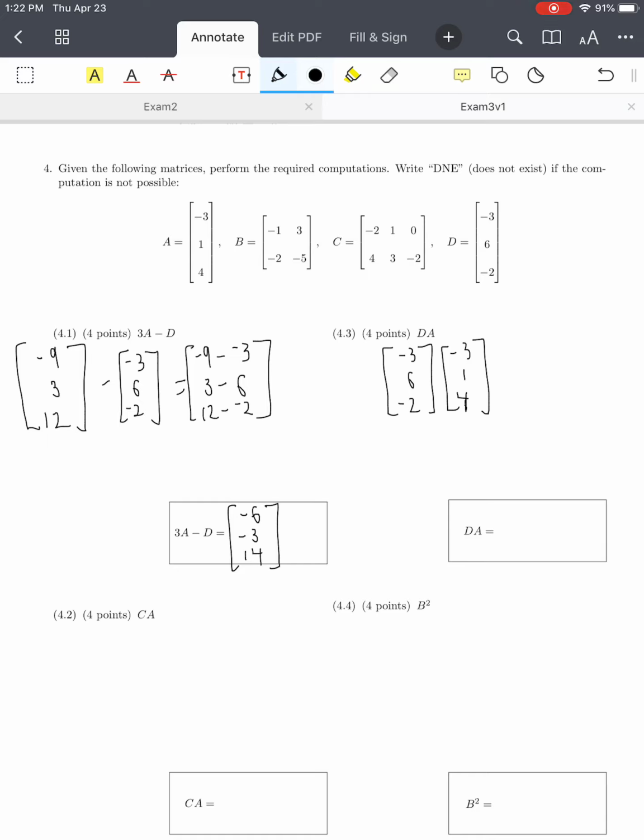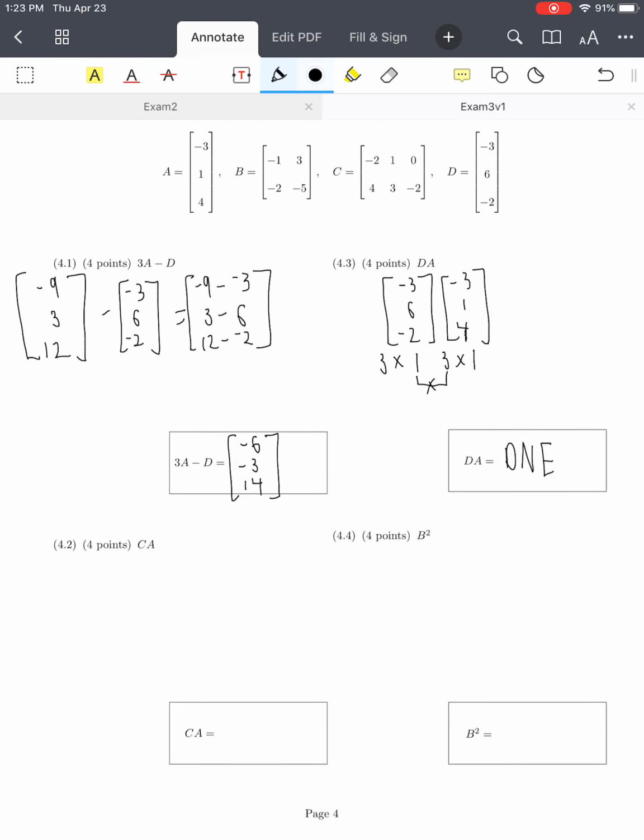So the first matrix is a 3 by 1, so 3 rows, 1 column. And the second matrix is also a 3 by 1, so 3 rows, 1 column. So to multiply, these two have to be equal, which they are not, so we cannot multiply them, so it does not exist.